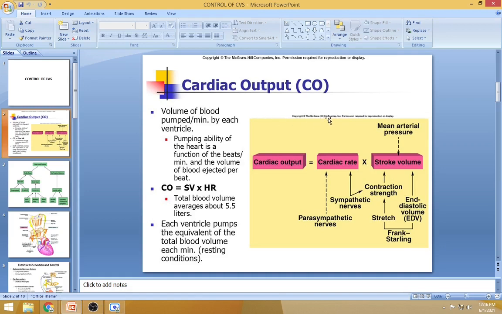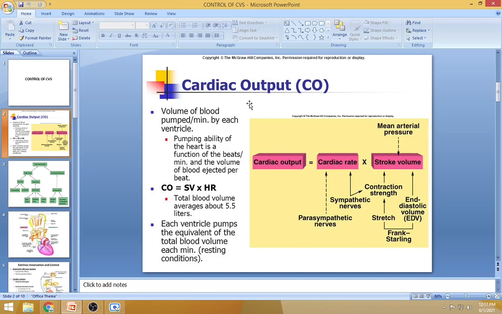That's why we are going to discuss control or regulation of the cardiovascular system today, so that we can know how the cardiovascular system adapts to different activities and postures in different conditions, maintaining the demanded cardiac output by the body.